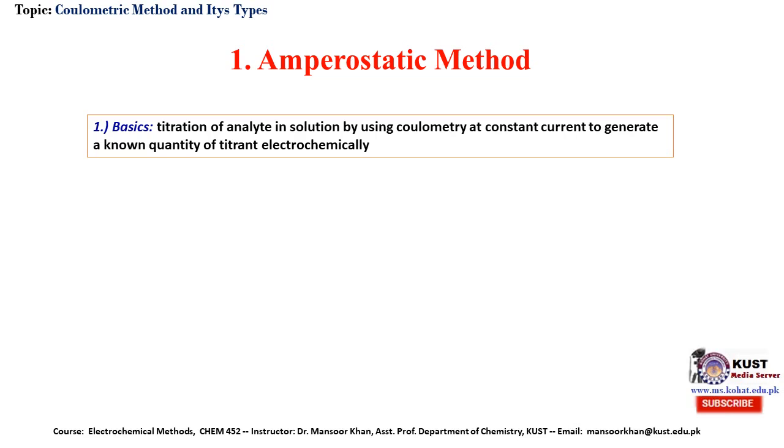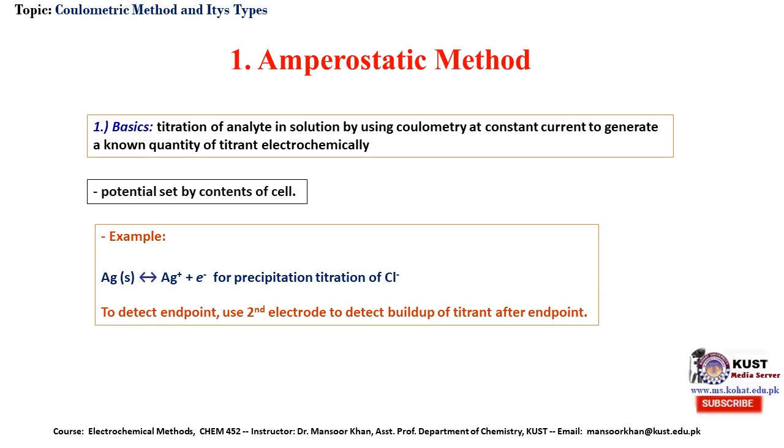In the amperostatic method, the analyte in solution is titrated at constant current to generate a known quantity of a titrant electrolytically. The potential is set by the contents of the cell. In the earlier example, we determined the amount of chloride using Ag as an electrode. To detect the end point, an electrode is used.